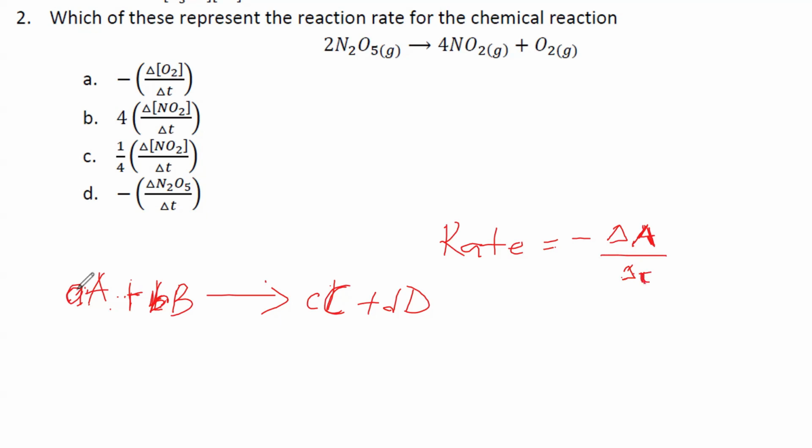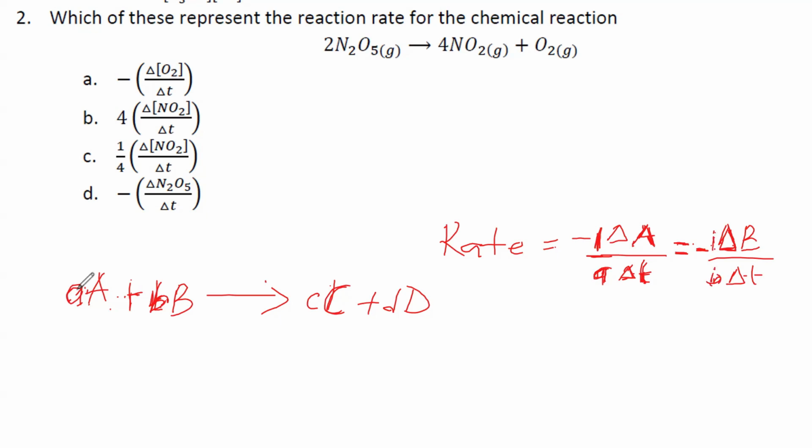And in this case, we have a molecules of A, so it's going to be 1 over small a. So the coefficient will be at the denominator. Or you can use B, that is change in B with time, but it's going to be negative, and we have b molecules of B, so it's going to be 1 over b.